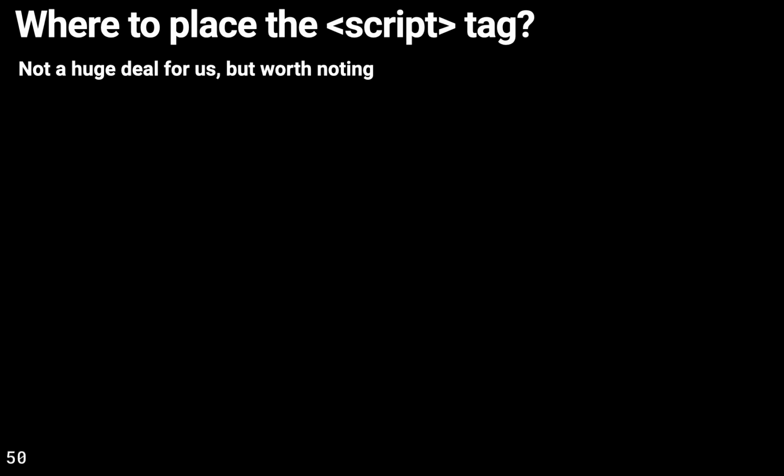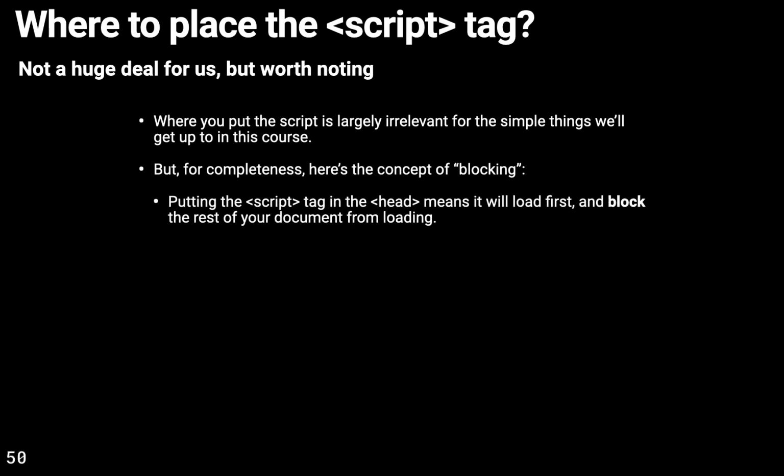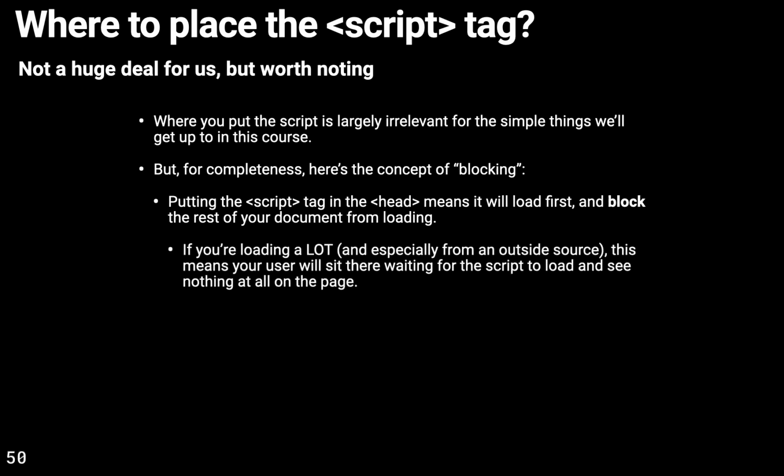It's not a huge deal for us, but it's worth a quick aside on it. Where you put the script is pretty irrelevant for the simple stuff that we're doing, but for completeness, you should have a basic notion of the idea of blocking. So putting the script tag in the head, so up at the top, means that it's going to load first and it will block the rest of your document from loading. So if you're loading a huge script or you're loading from an outside source like the Mermaid one, this means that your user is going to have to sit there and wait for the script to load to see it, and they're not going to see anything on your page at all.